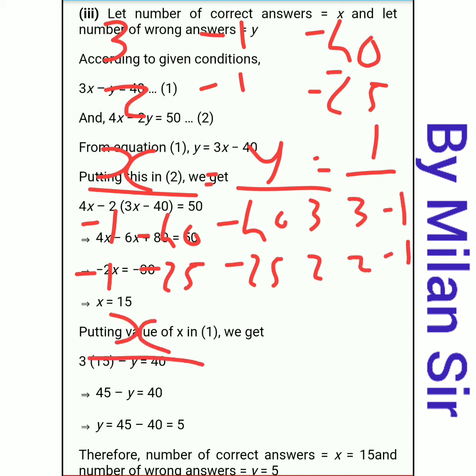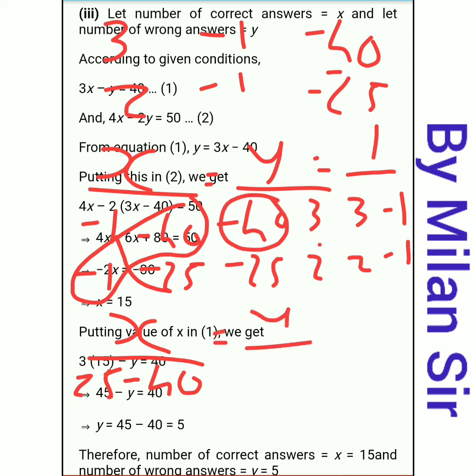Now simplify this. Minus 25 into 1, minus minus plus 25. Then minus sign as per the formula, and this minus 40 into minus 1, 40 ones are 40, minus minus plus. So minus 25 into minus 1 is plus 25. Then minus sign as per the formula, minus 1 into minus 40 is 40. Then y upon minus 40 into 2, minus 80.